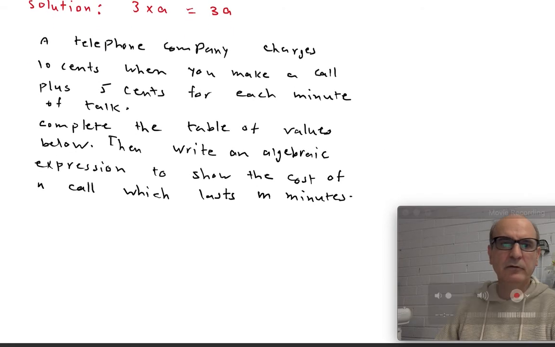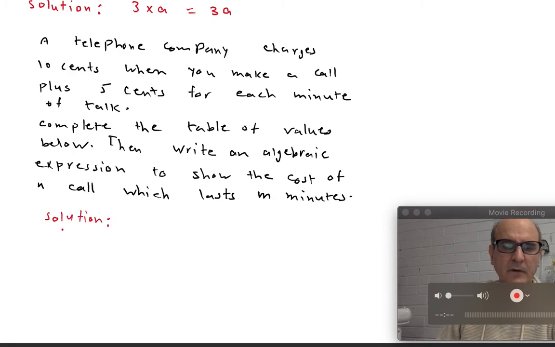Okay, let's have a look at this question. Obviously, they have given us a table of values, so we need to complete it. So the table of values could be like this.